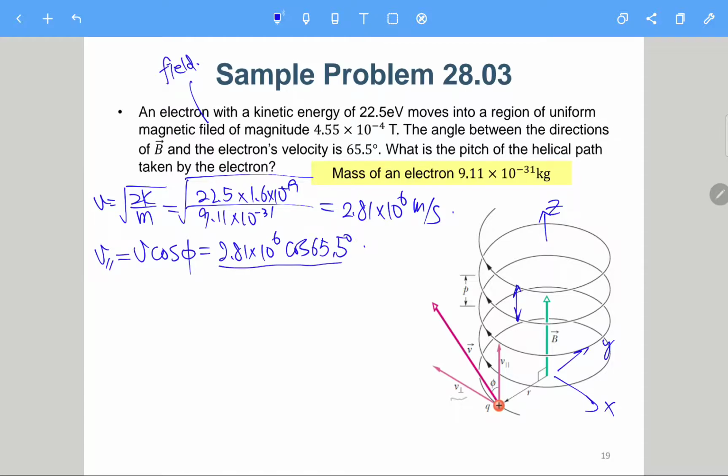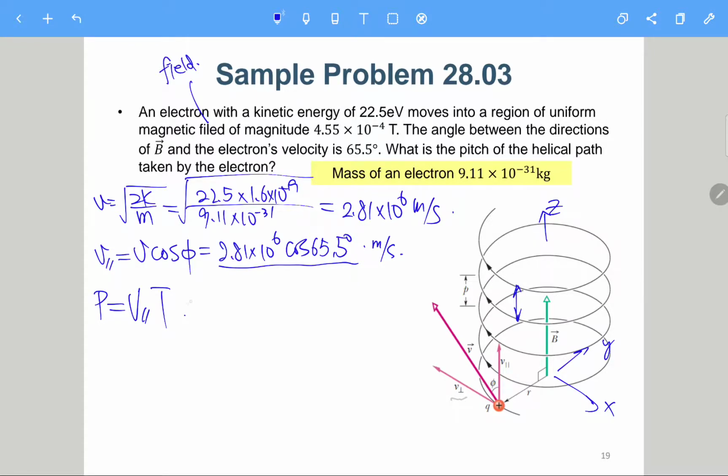This is the velocity of this component, and the pitch should be V parallel times the period it takes to finish a circular motion.